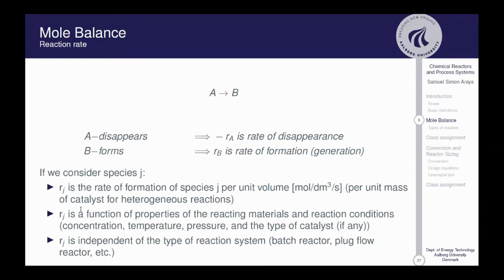It is basically mole of a species per unit volume per unit time. In some cases when we have a catalyst, when the reaction happens on the surface of the catalyst and not in the volume itself, then we use mole per unit weight of catalyst per second, and that's basically how we describe that.